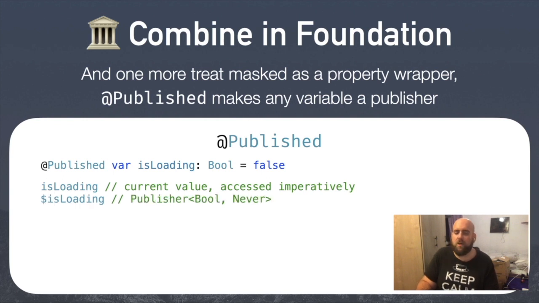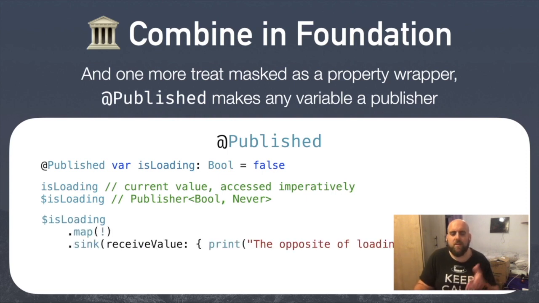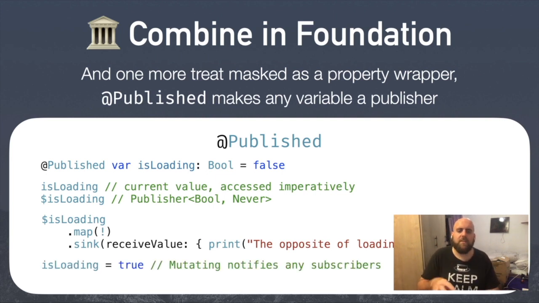But if you use the dollar notation, you would get a publisher of its type. That means that I can subscribe to this thing. I can map on it. I can do all the regular things that I would do on a publisher. But I can still modify it directly like I would any other property, which is really useful and really helps with bridging our imperative knowledge into this very declarative world.